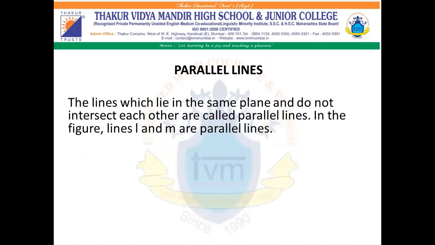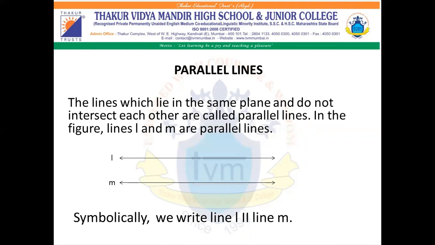The lines which lie in the same plane and do not intersect each other are called parallel lines. In the figure, lines L and M are parallel lines. Symbolically, we write line L parallel to line M.